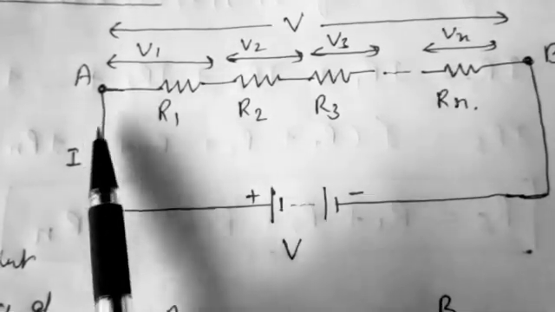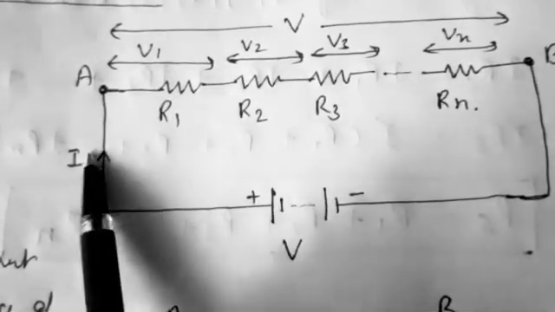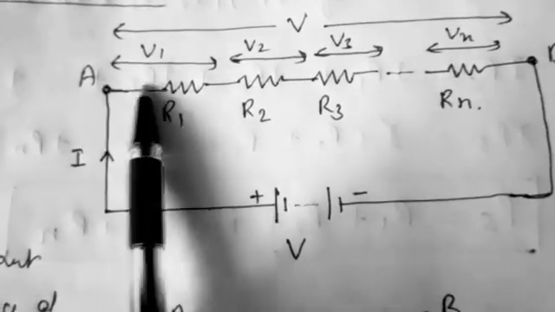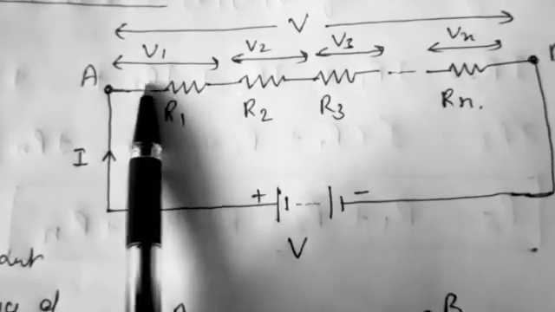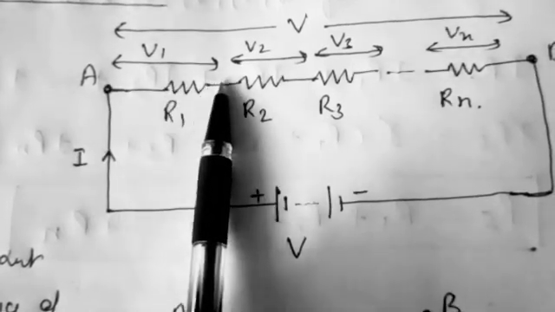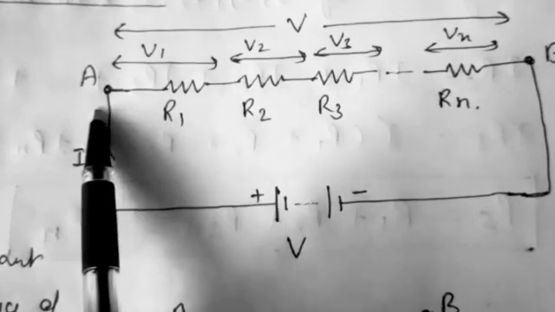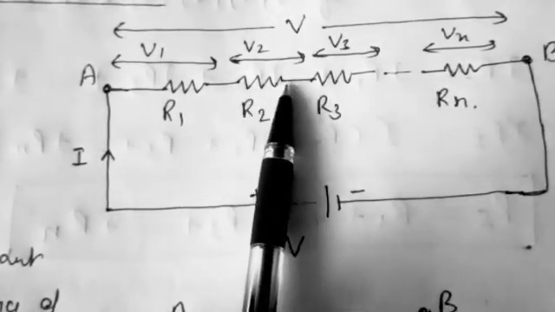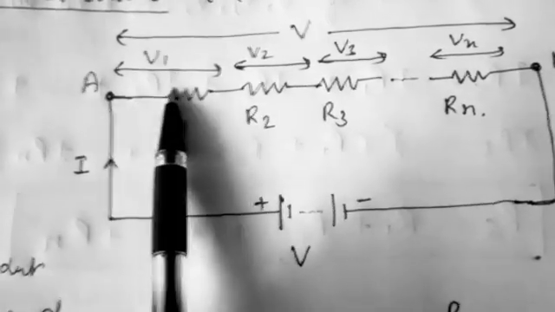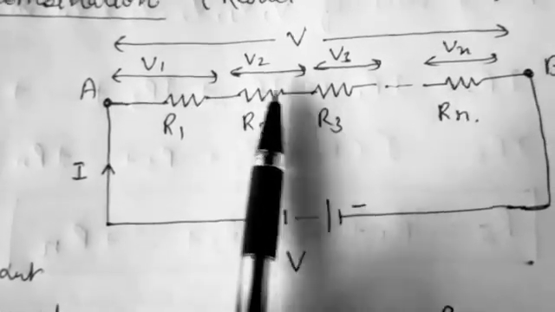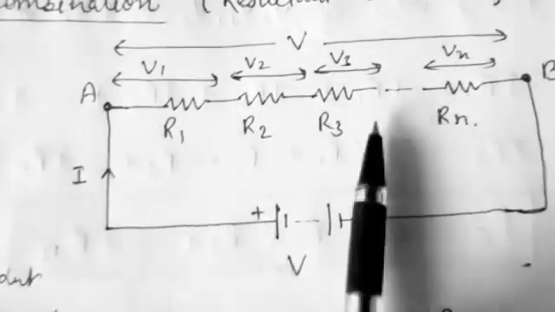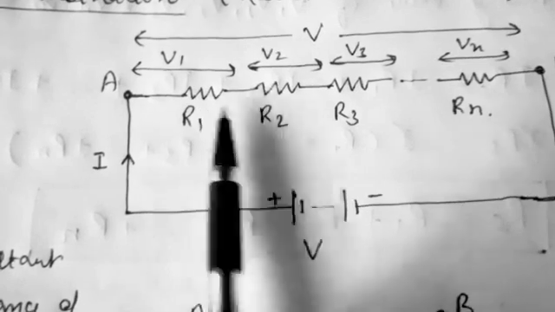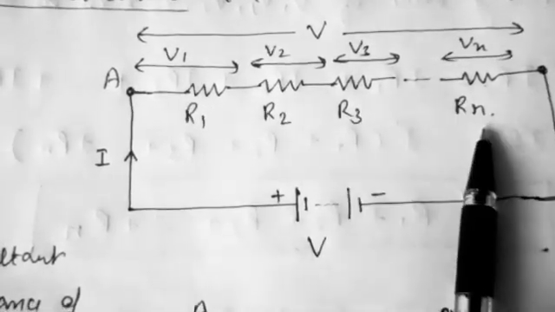But if this I goes through R1, then the product becomes IR1. From Ohm's law we can see that there is some potential difference maintained across this resistance. Similarly, when I goes through R2, there is some potential difference maintained across this resistance, or some voltage drop here, and some voltage drop here. Every individual resistance is causing a voltage drop.